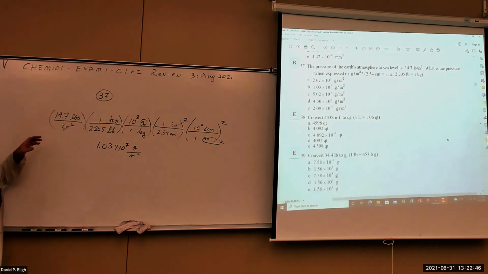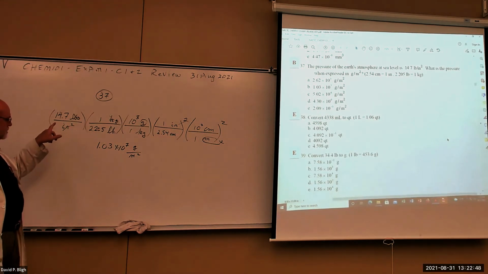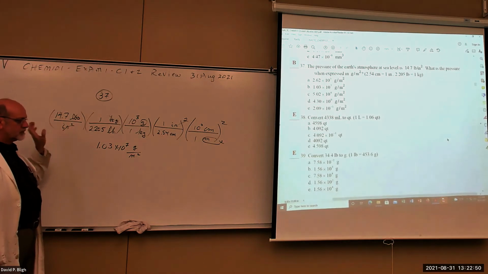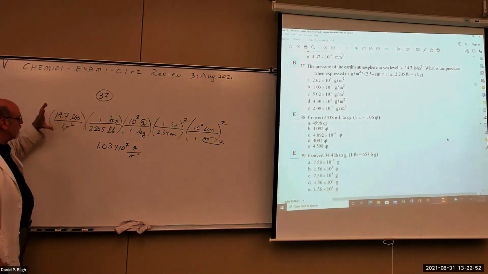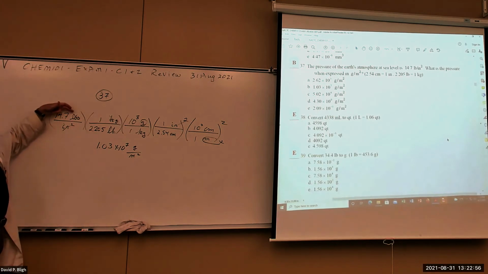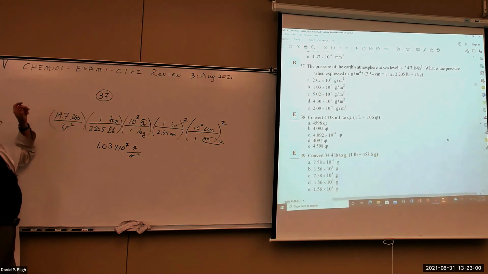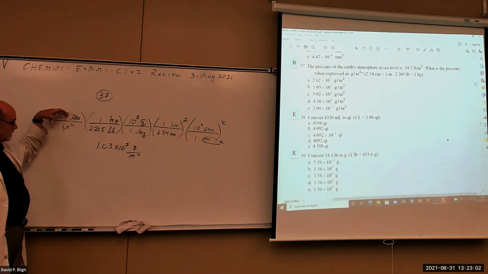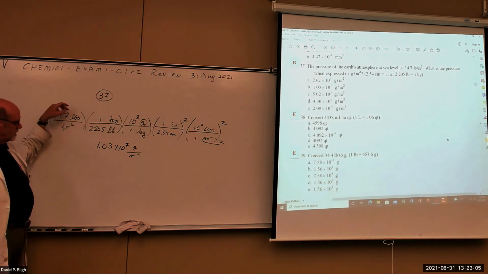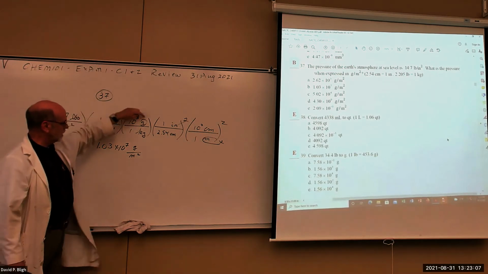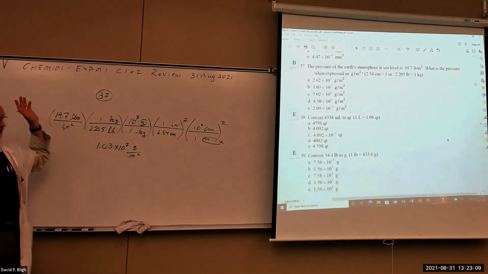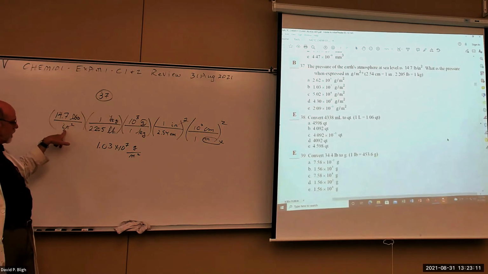The whole point of doing this is to be sure you know how to convert multiple units. This one has units in the numerator and the denominator. So you do one at a time. I went pounds first. I went pounds until I got to grams. That was done. Then I go back and do square inches.